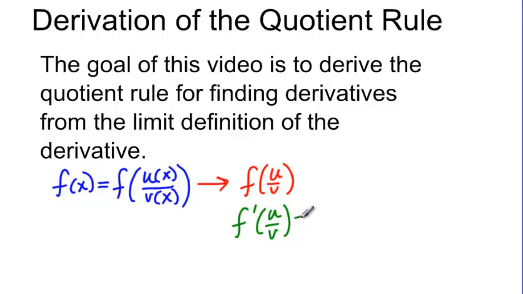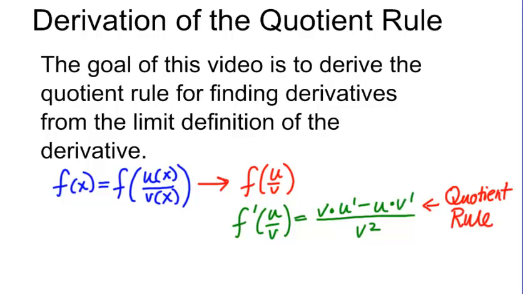What that means is the lower function, v, times d high, which is the derivative of the higher function, minus high d low, so the numerator times the derivative of the denominator. So now we have our low d high minus high d low all over low squared. Okay, this is the quotient rule.